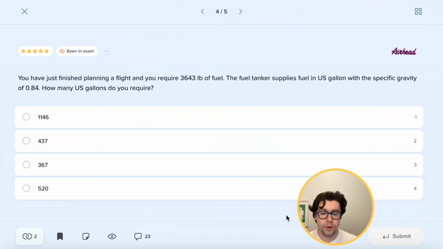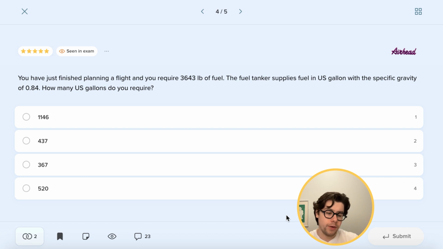So all you need to do now is line up your pounds of fuel, in this case 3,600. So we'll go with the inner scale to 36, and you need to put it right below the specific gravity in the specific gravity outer scale. So under 84, we need to put 36.